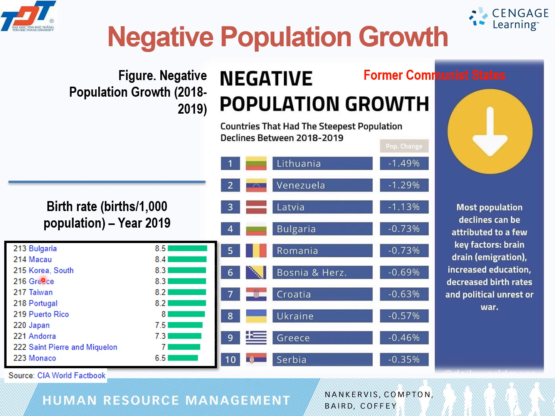Greece we see here, and Greece we see there as well. Japan, probably the third largest economy in the world, is also troubled by an aging population as well as a severe decline in the birth rates.